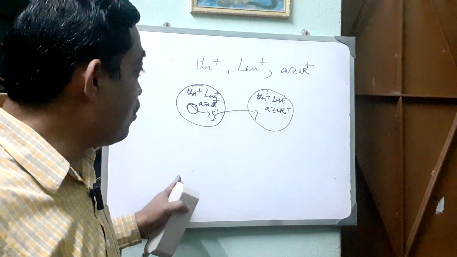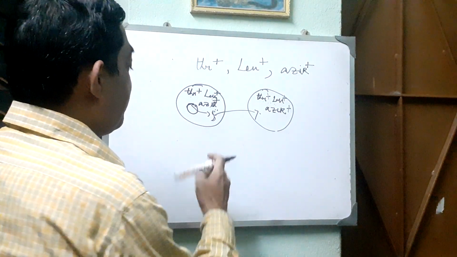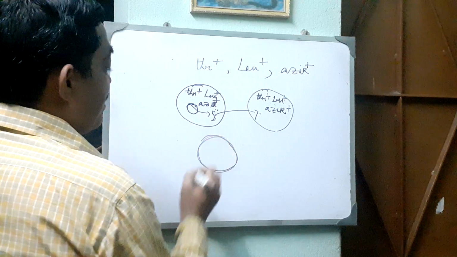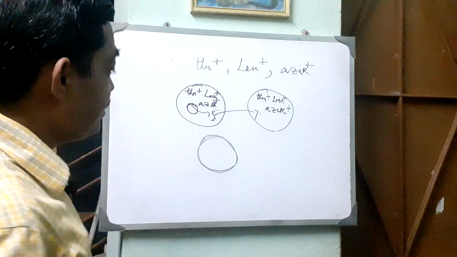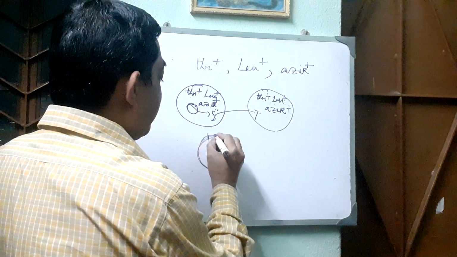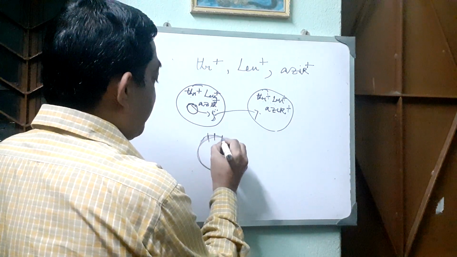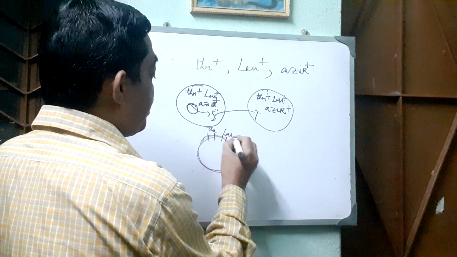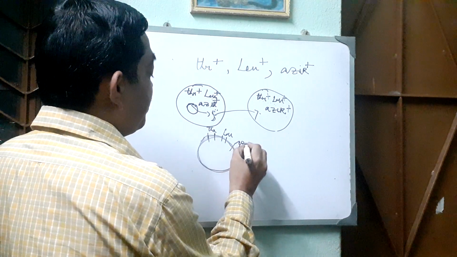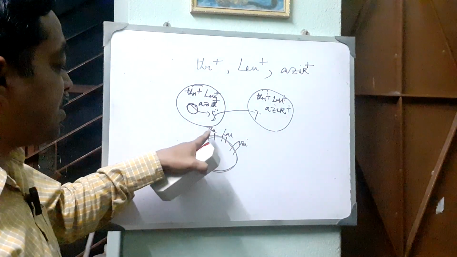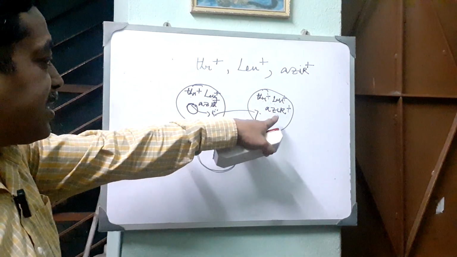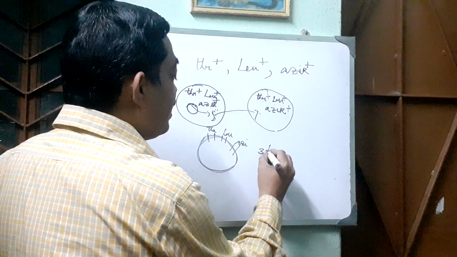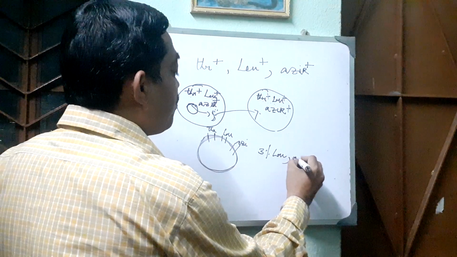How? In this whole bacterial DNA, E. coli DNA, say here is the threonine gene, here the leucine gene, and here the azide gene. Sometimes when the threonine positive gene is transferred into the bacterial cell, it has been seen that only 3% are leucine positive and none azide positive.